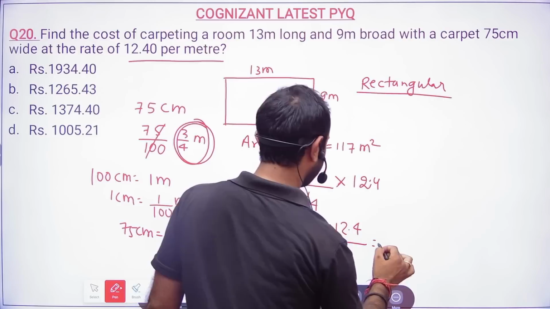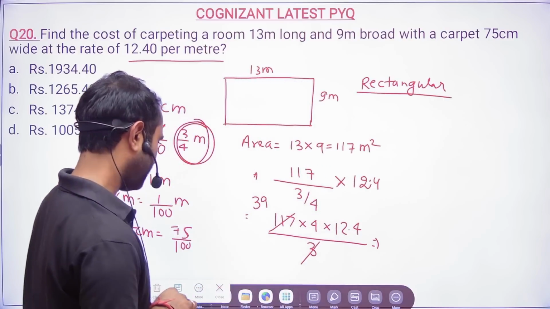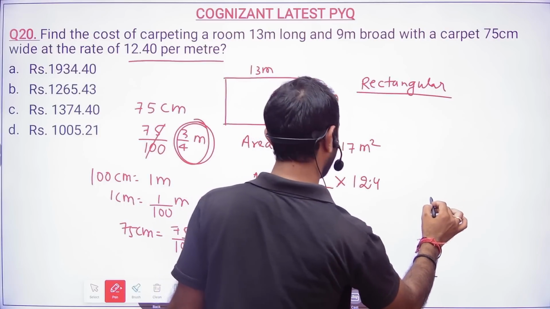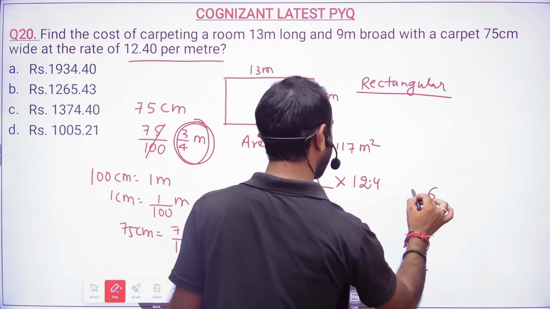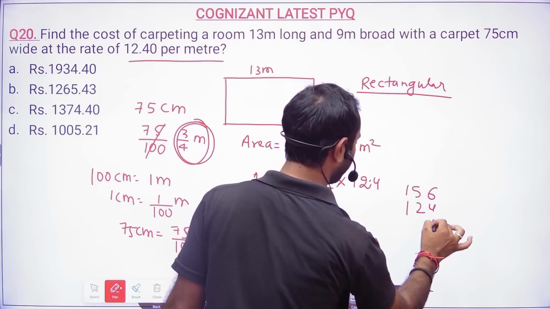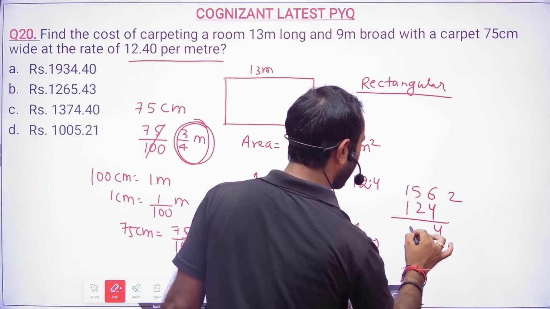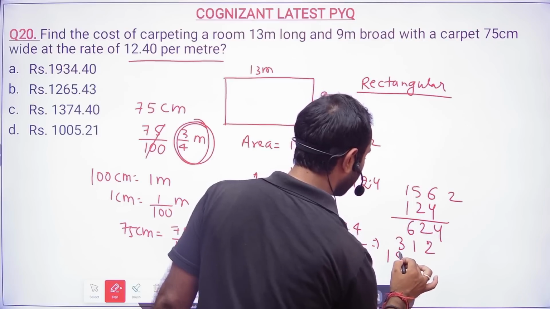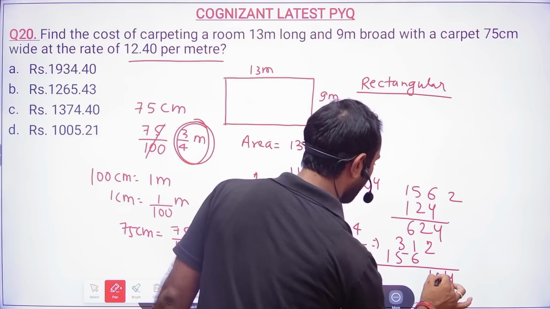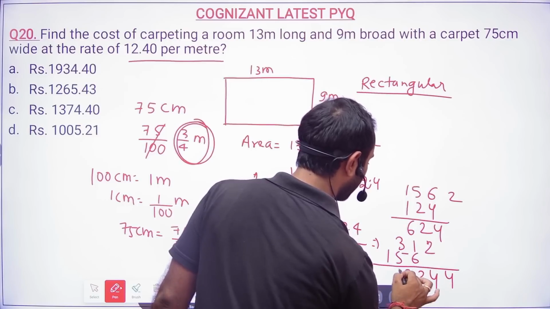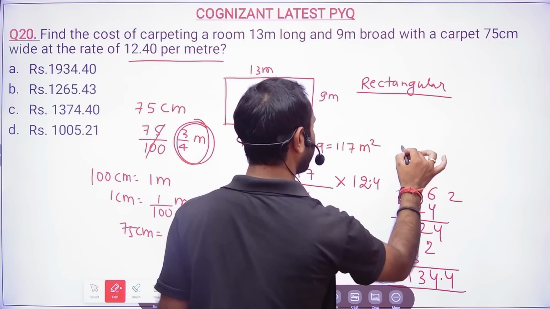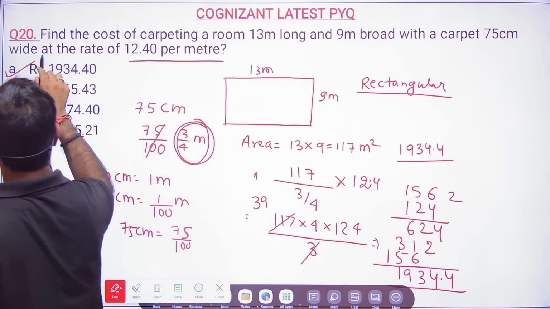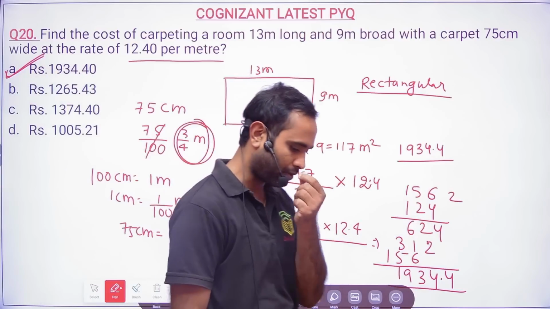Now we have to multiply. 4 9s are 36, and 156 into 12.4. 4 6s are 24 and 60 plus 2 is 62, 2 6s are 12, 31, and 156. Because there is a decimal, my answer will become 1934.4. So option A is the correct answer for question number 20.